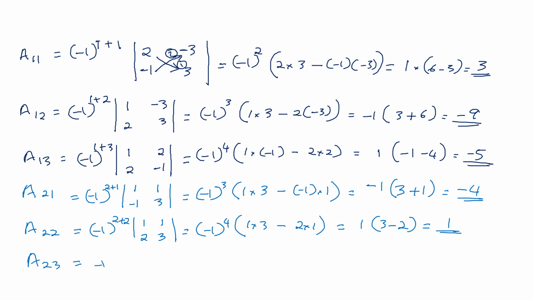A23 is minus 1 to the power 2 plus 3 into the minor 1, 1, 2, minus 1. So that is minus 1 to the power 5 into 1 into minus 1 minus 2 into 1.